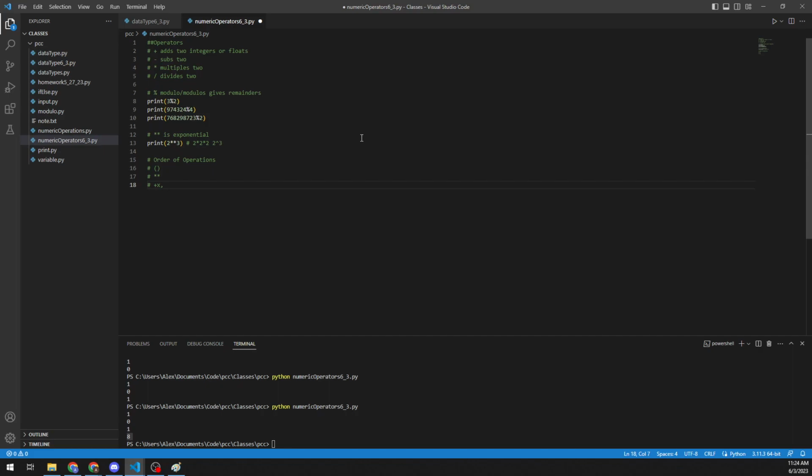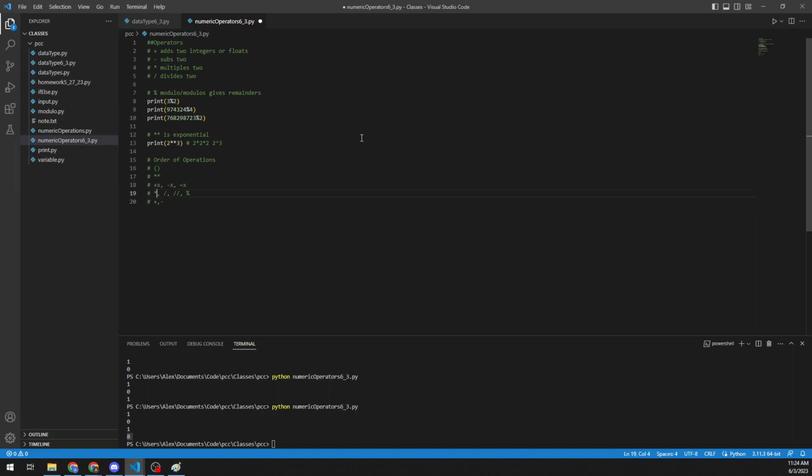Add to a variable, subtract from a variable. This one, we're not going to touch for a while. Multiply, divide, double divide, modulo, add, subtract.